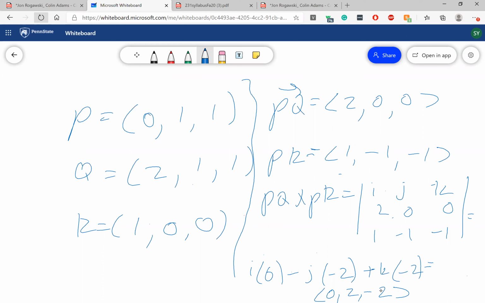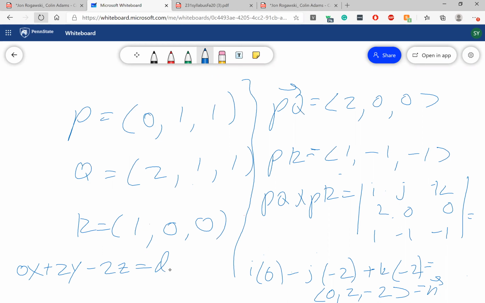Anyway, so now what do we do? So this is the normal vector. Once we have the normal vector, we can say that our plane is going to have the form 0x plus 2y minus 2z is equal to some number d.